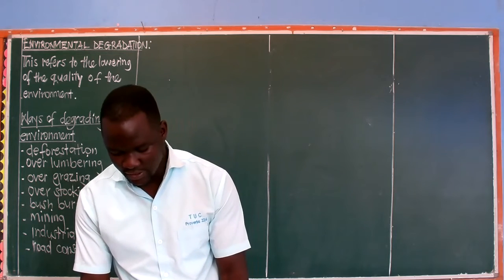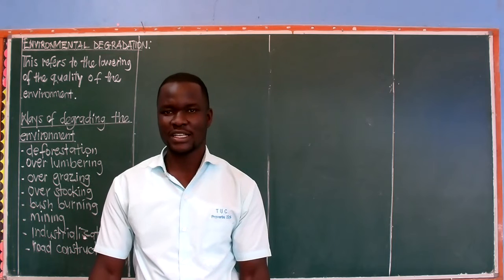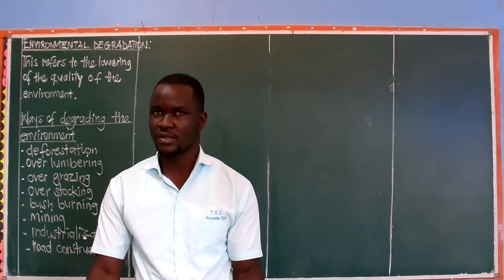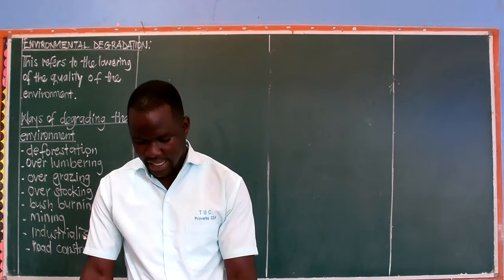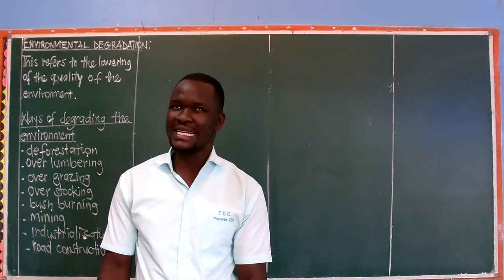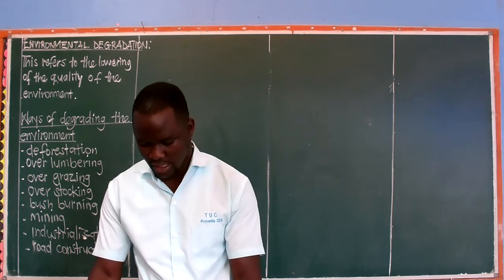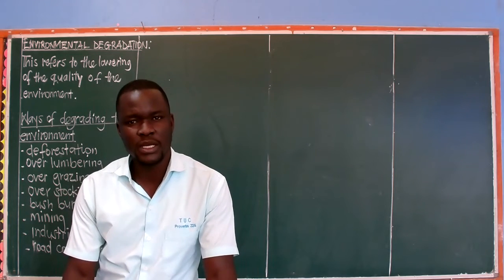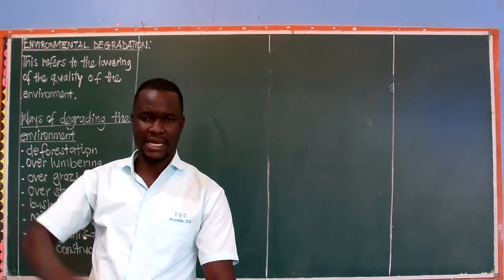Ways of reducing deforestation. As we talked about, we can use other alternative sources of energy, like using other sources of fuel such as electricity. And then by encouraging people to plant more trees, that is afforestation and reforestation. And then having what we call controlled population growth. The number of people should not go high in the country.